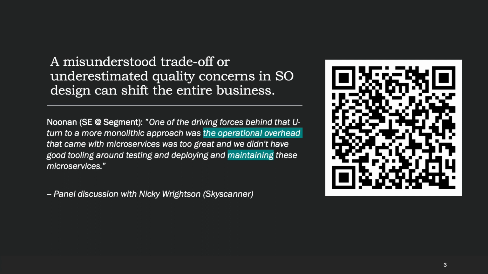A software engineer at Segment reported that one of the driving forces behind the U-turn to a more monolithic approach again was the operational overhead that came with microservices, which was too great, and they didn't have good tooling around testing, deploying, and maintaining these microservices. And maintenance is one of the key quality attributes, as we will see shortly. If you're curious, you can read the discussion online by scanning this QR code on the slide.